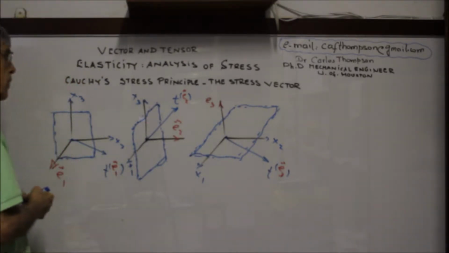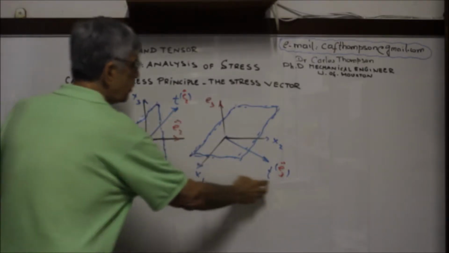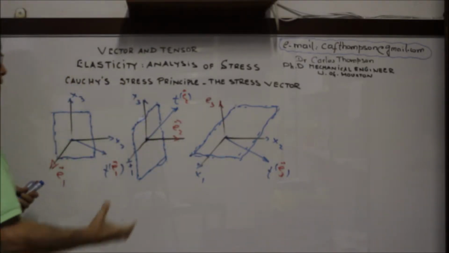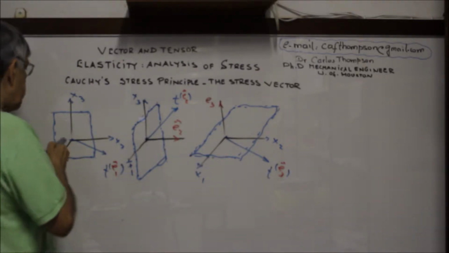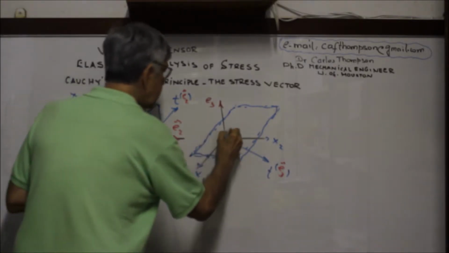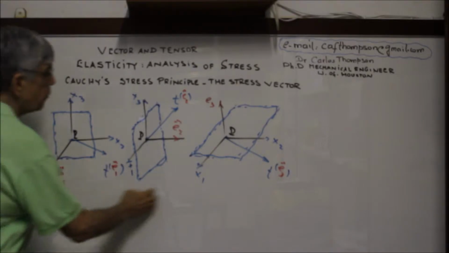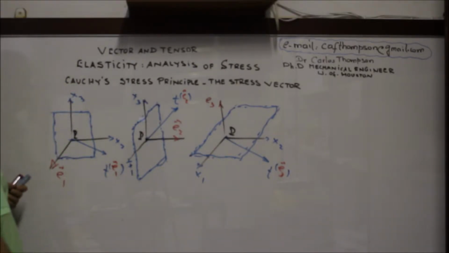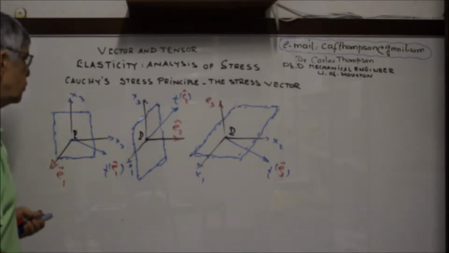So you see, T(E1), T(E2), T(E3) are the components of the stress vector at the same point P. This is P, P, and P. I just showed different pictures so that you understand what we are going to do.